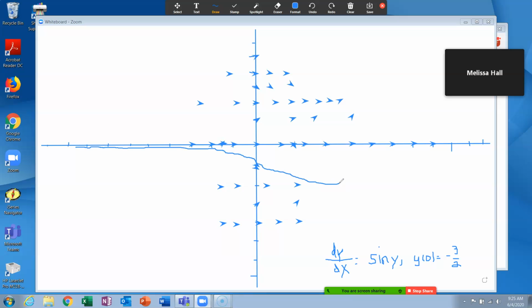There's the curve that you're on. It has to pass through the point 0, -3/2. -3/2 is almost -pi/2, so it's just short of there, and that's where that curve goes.